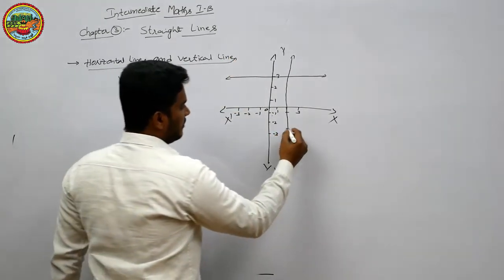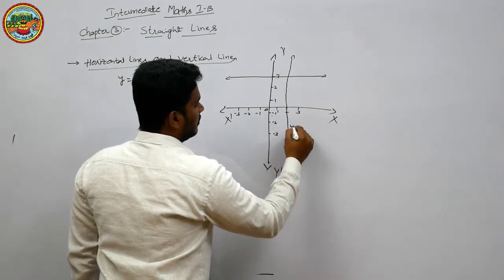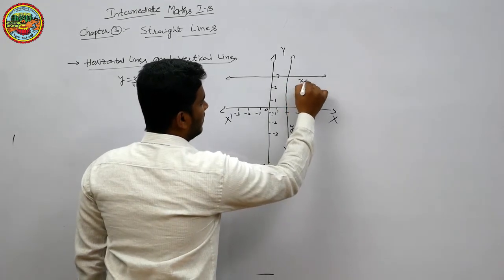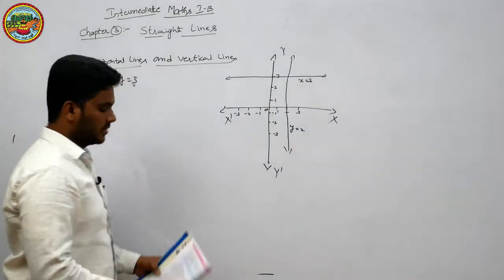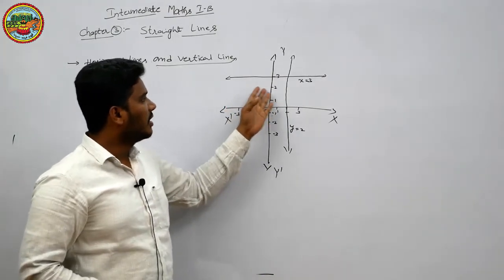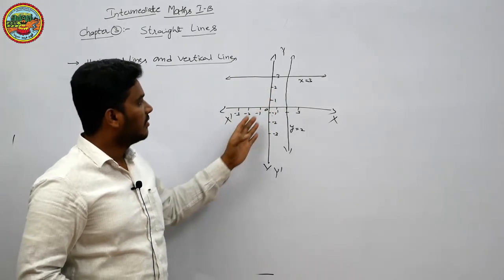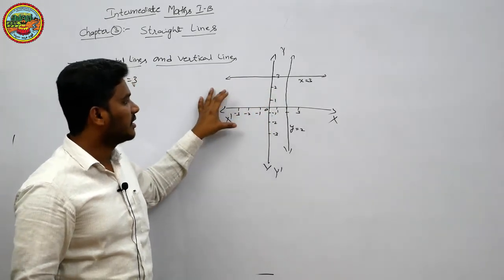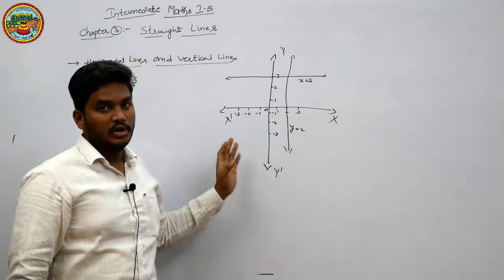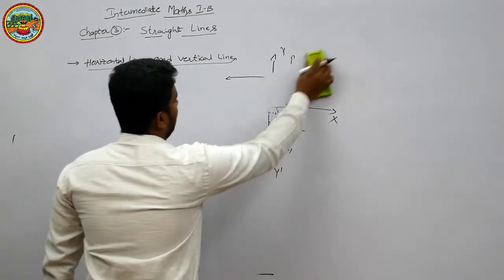This equation is given by y is equal to 2 and this equation is given by x is equal to 3. So like that we identify what is the horizontal line and what is the vertical line. So horizontal lines are parallel to x-axis and vertical lines are parallel to y-axis. In that way we identify the horizontal and vertical lines.